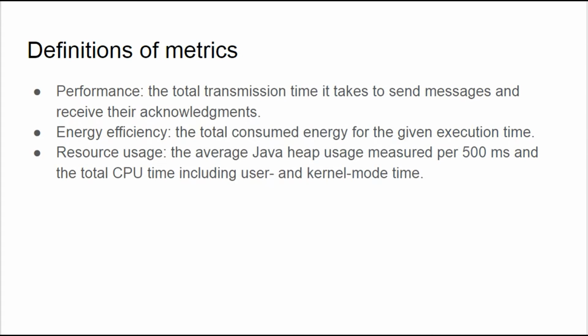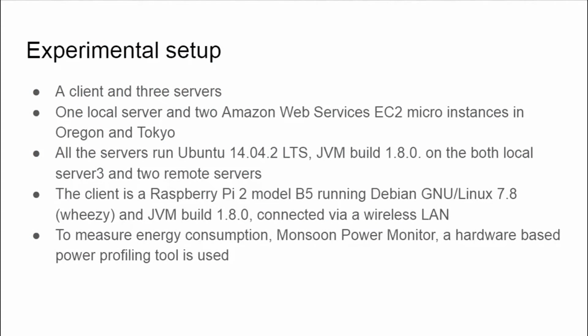Resource usage means the average Java heap usage measured every 500 milliseconds and the total CPU time. The experimental setup consists of one client and three servers located at different physical locations. These are local, Oregon, and Tokyo.